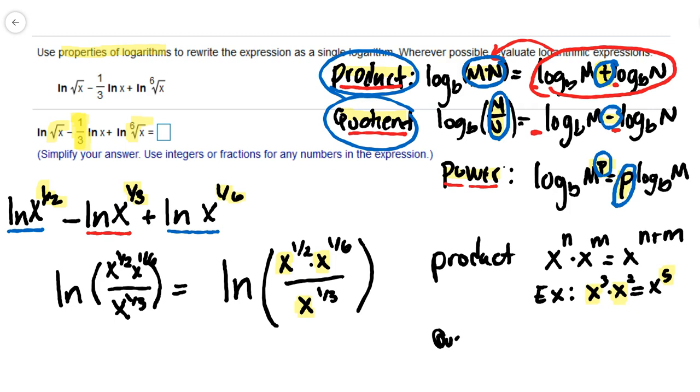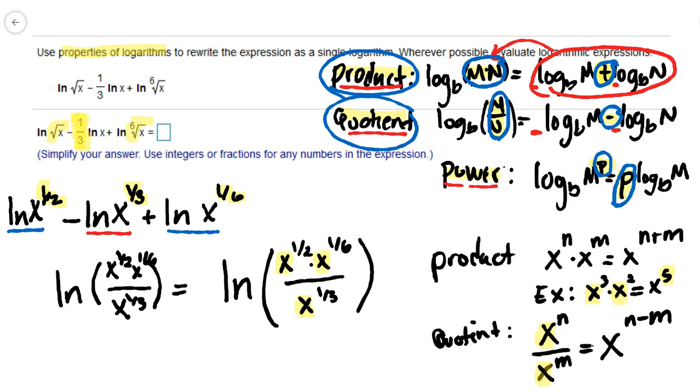The quotient rule for exponents is when you have x to the n over x to the m. So you're dividing expressions with the same base, so you're going to subtract those exponents. So that's what we're going to do with our example here.